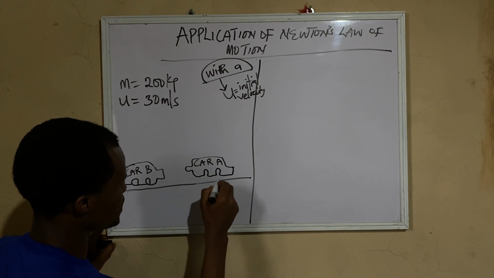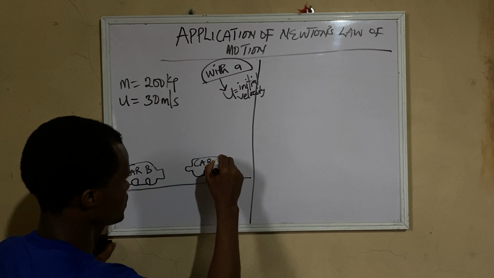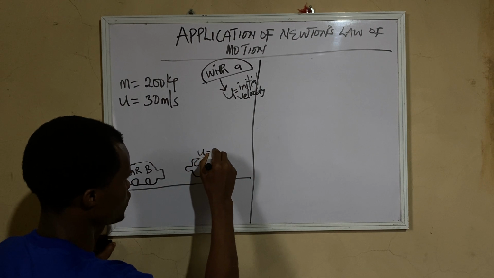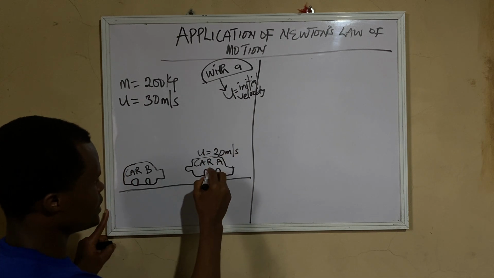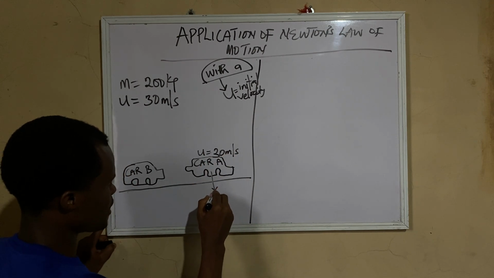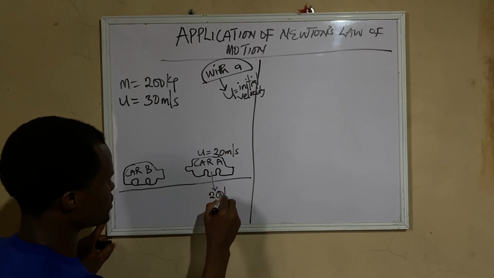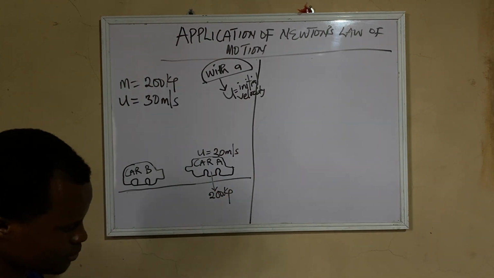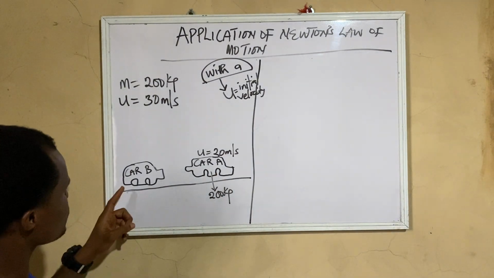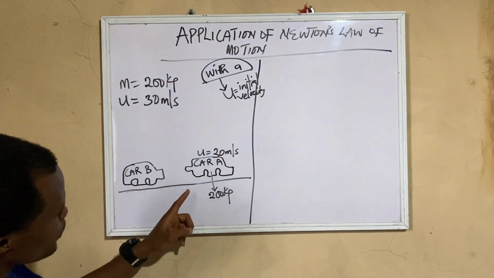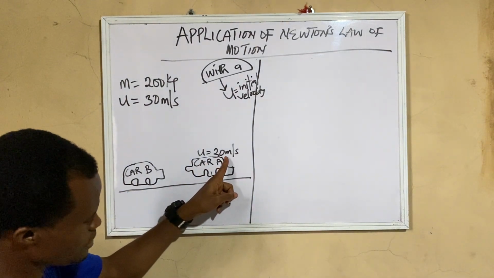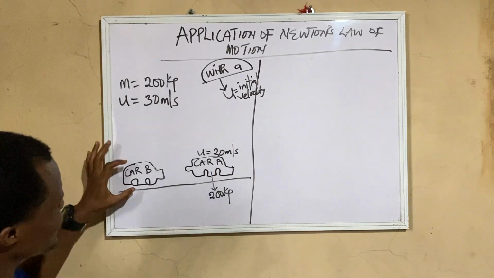So this is moving with an initial velocity, let's say our u here is 30 meters per second. Now the mass of this car is 200 kilograms. A car of mass 200 kilograms moving with a speed of 30 meters per second was suddenly hit.